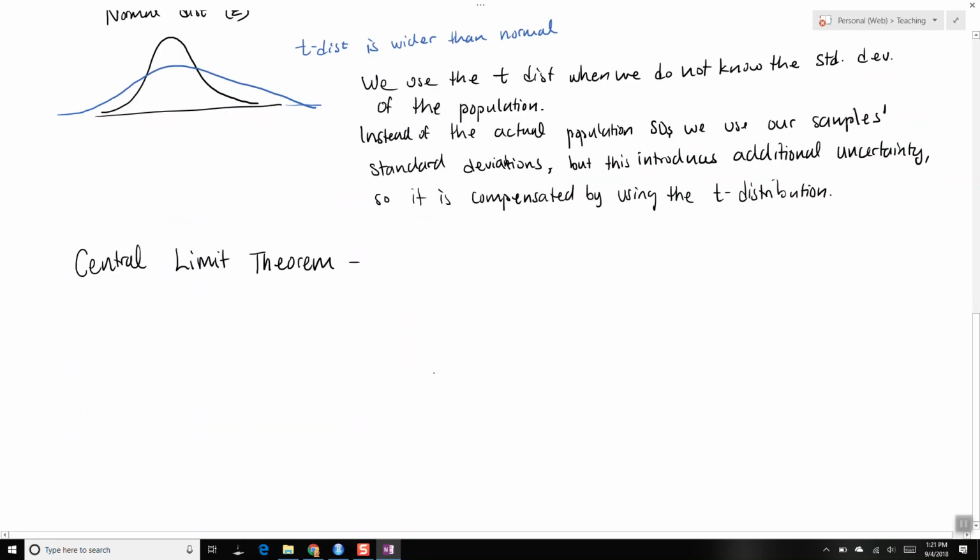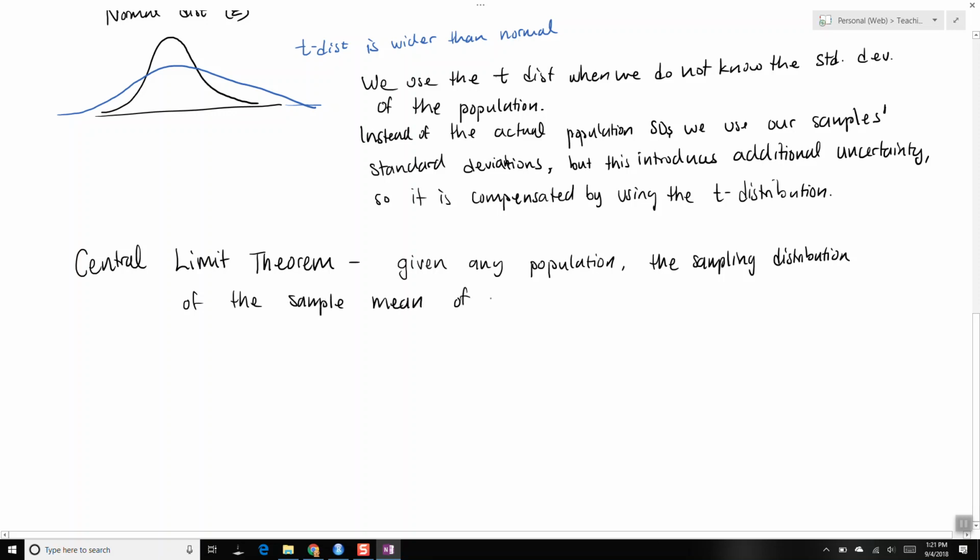Okay, so the central limit theorem states that given any population, the sampling distribution of the sample mean of a random sample, there's the word sample so many times here, okay?